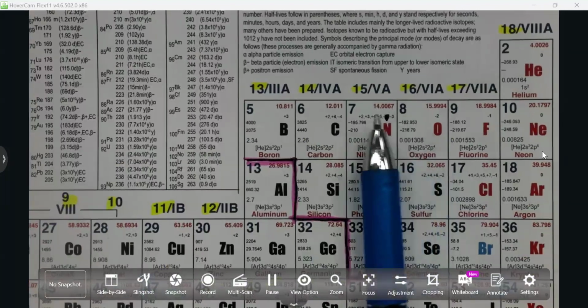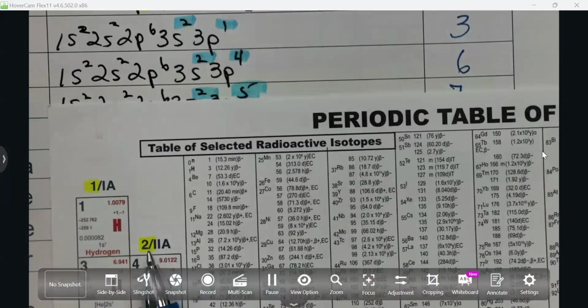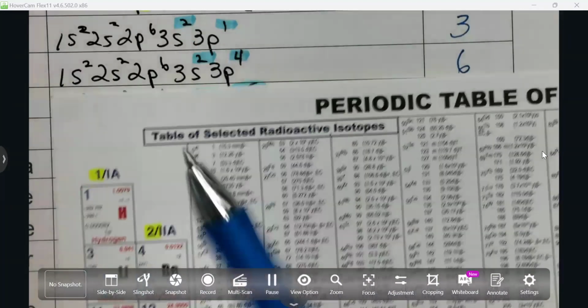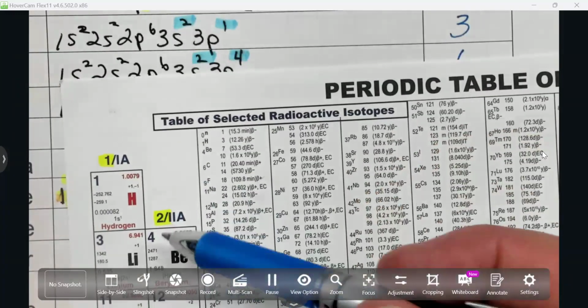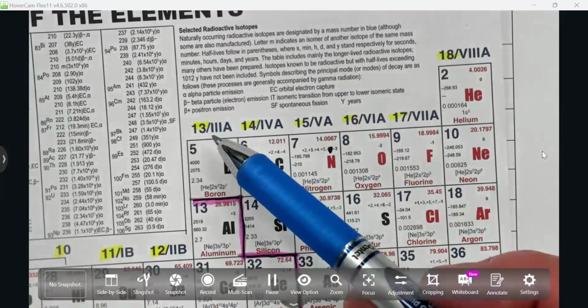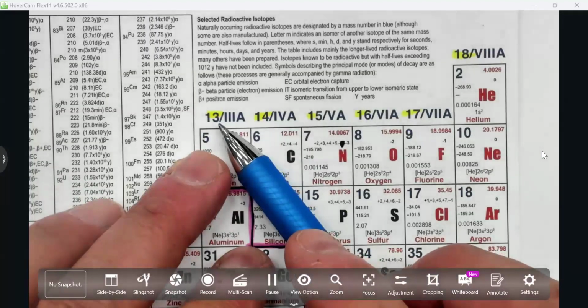6, 5, 4, 3, 2, 1. Everything in group 1, 1 valence electron. Everything in group 2, 2 valence electrons. Everything in group 13, 3 valence electrons.